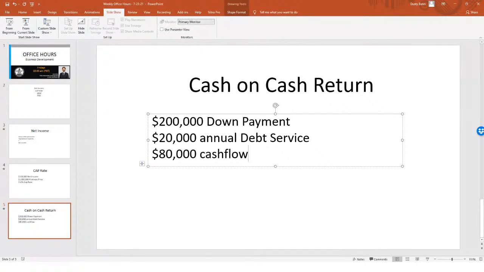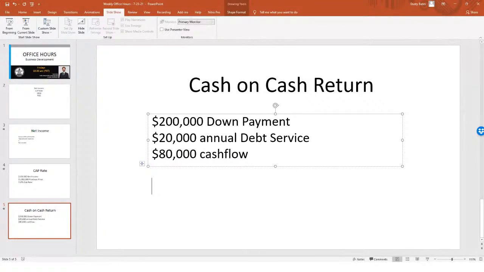And then $80,000 in cash flow. So the $80,000 that we have in cash flow is a return on our down payment. This is not a return on the total value of the property. We're getting a cash flow based on our down payment, and our down payment is $200,000.